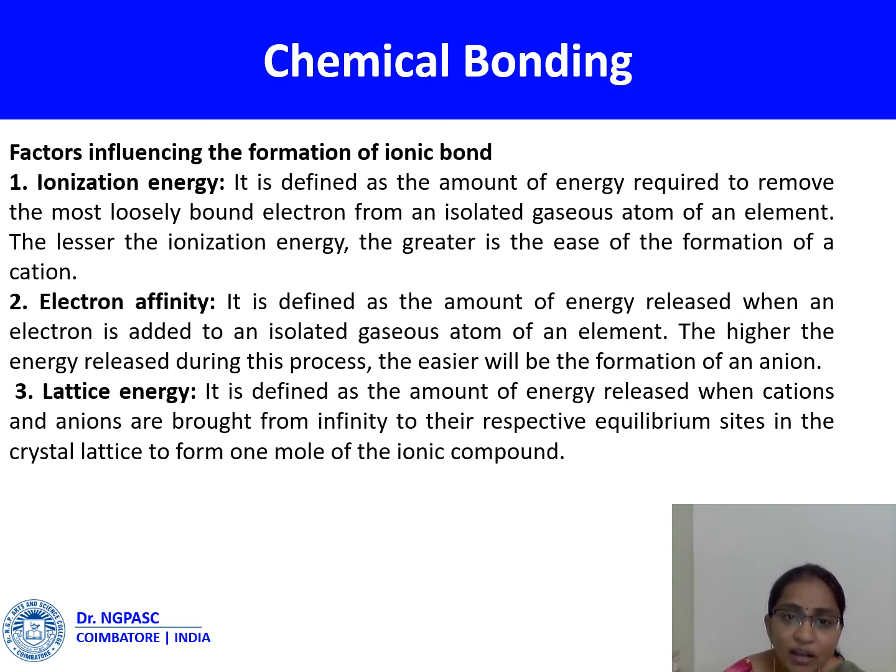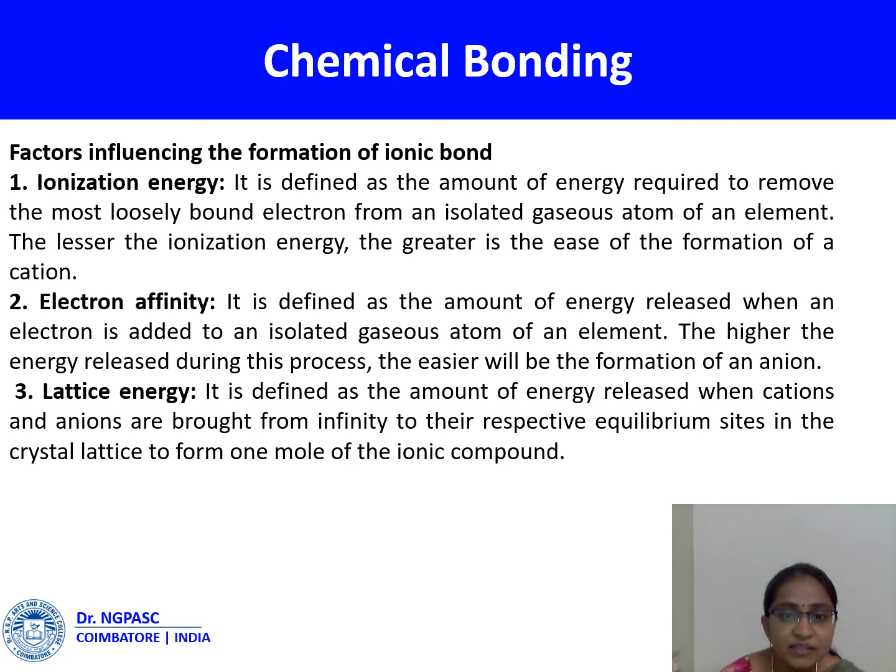Next, electron affinity is defined as the amount of energy released when an electron is added to an isolated gaseous atom of an element. The higher the electron affinity, the greater is the formation of an anion.